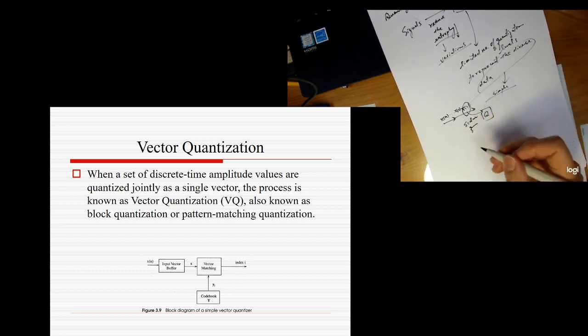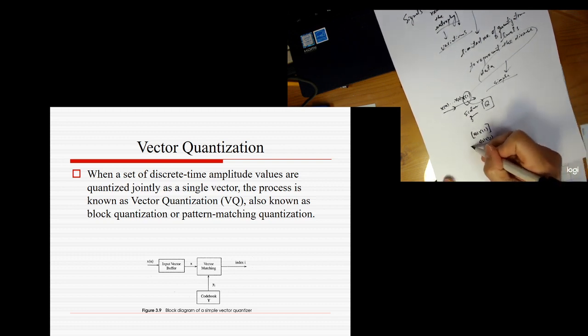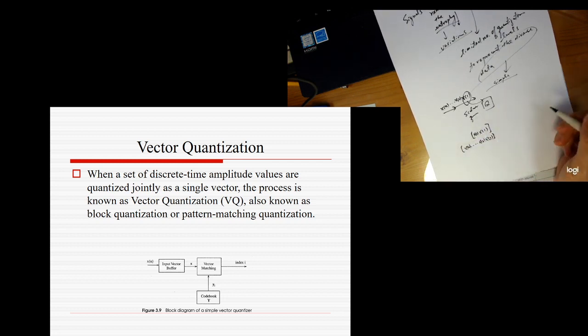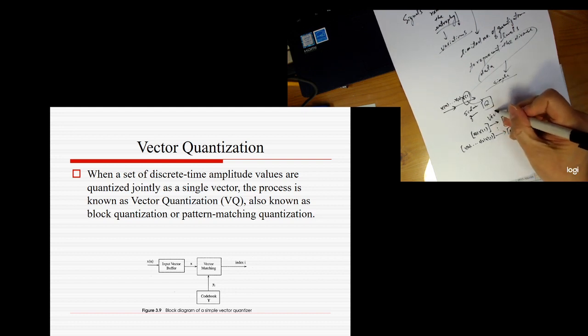Vector quantization considers two or more data components together as a vector and does the quantization on them jointly. We call this vector quantization.